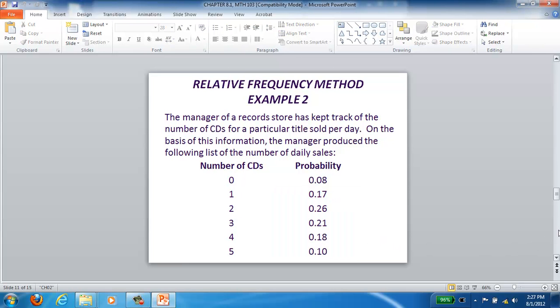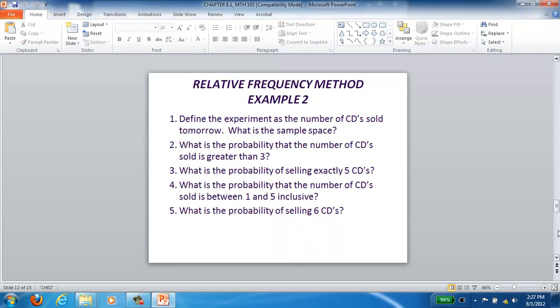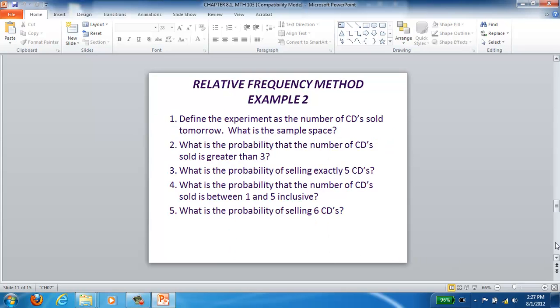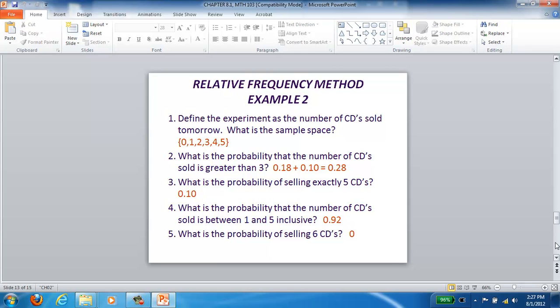So the answer is 0.92 to sell between 1 and 5 inclusive. And what is the probability of selling 6 of them? Based on the past data, the probability will be 0. It goes up to 5. And these are going to be the answers on the next slide.